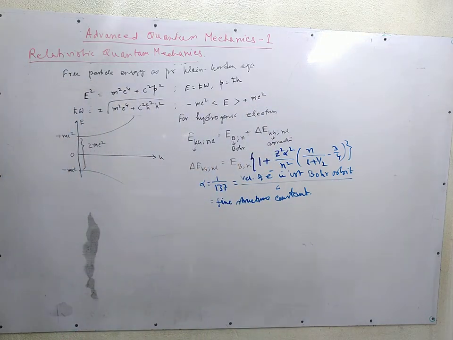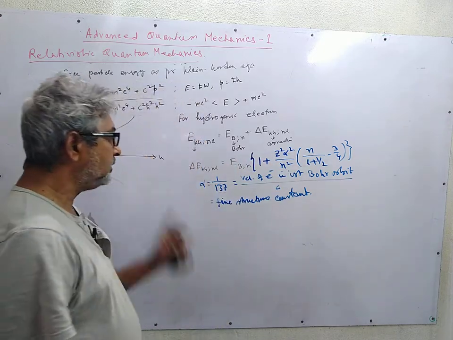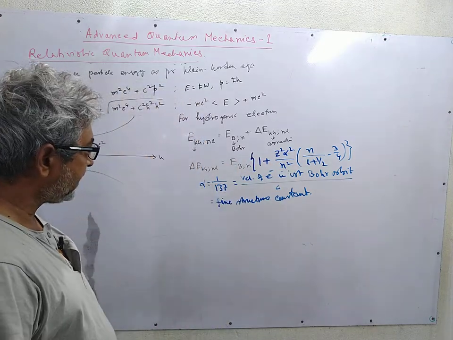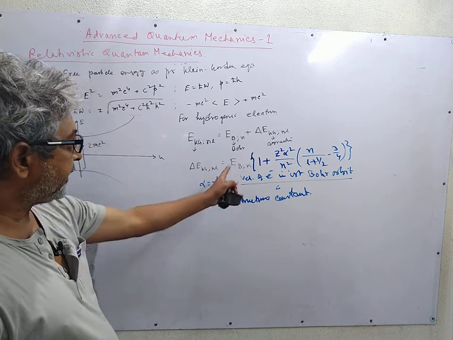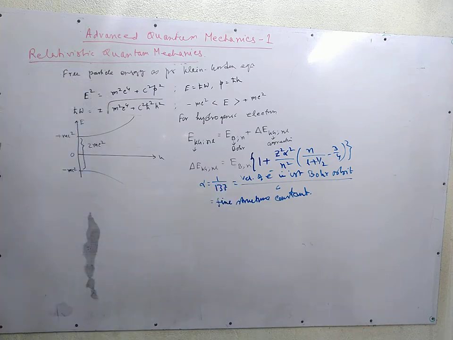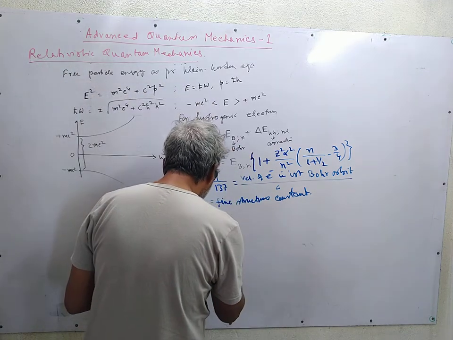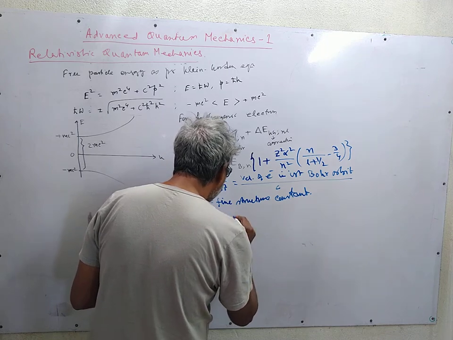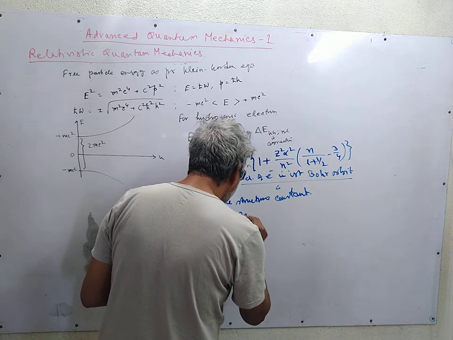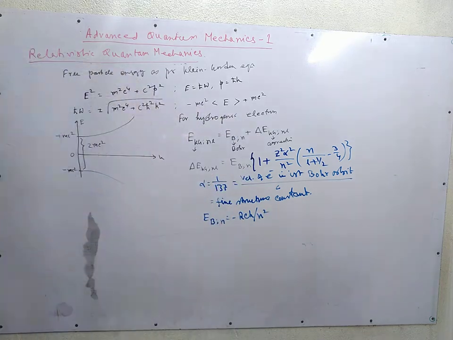Here we see that the energy level depends on n as well as on l. As per Bohr's theory, the energy level depends only on the principal quantum number. You recall that E Bohr n was minus R c h upon n square, where R is the Rydberg constant.